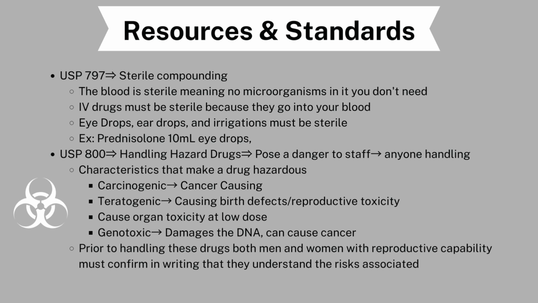It should be noted that prior to handling these drugs and medications, both men and women with reproductive capability must confirm in writing that they understand the risks associated with handling these types of medications.